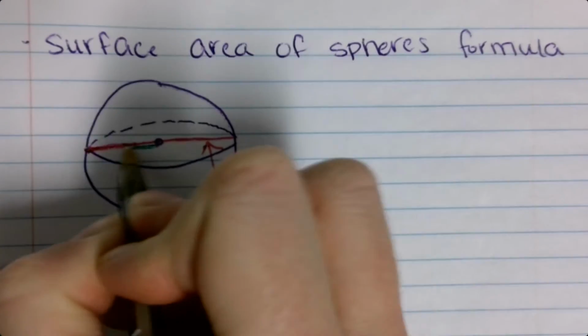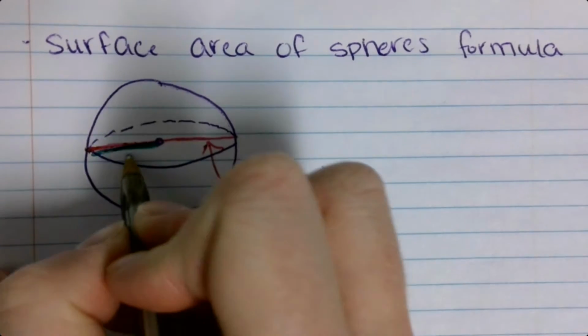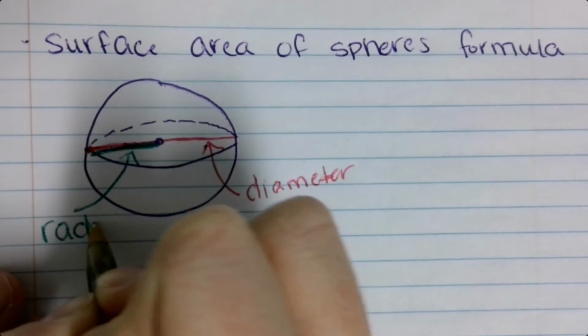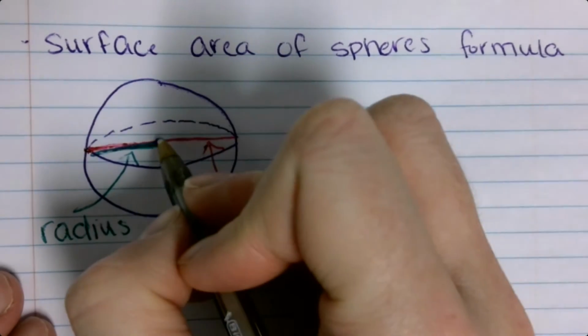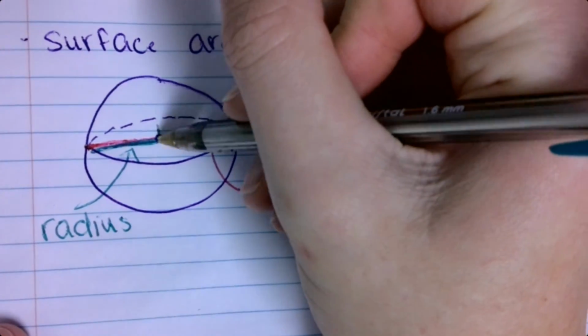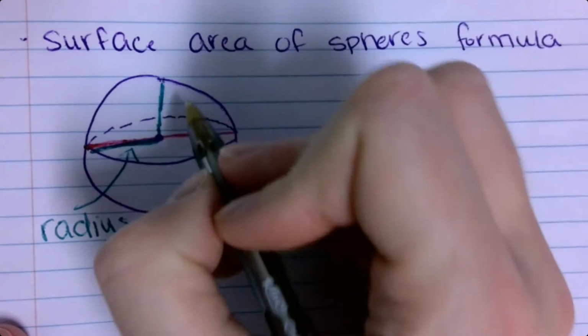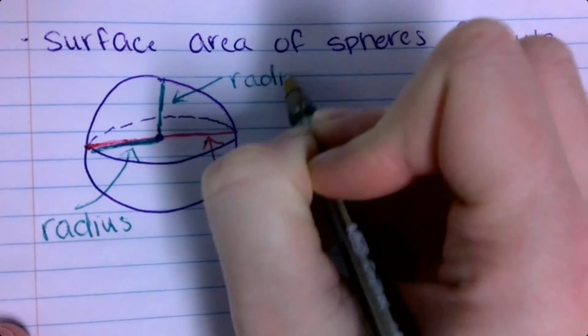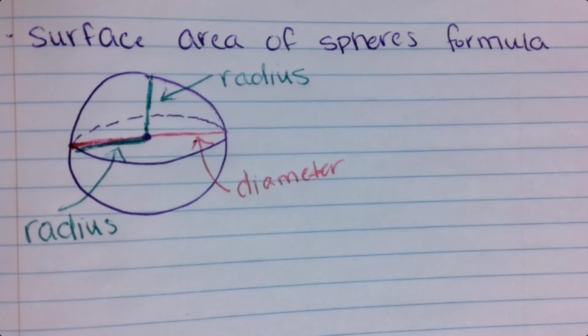Now start at the dot and go to the left, right underneath it, and this is going to be radius. If you don't have two colors, you could also start at the dot and maybe go up, and you could label that one radius. Again, if you do not have two colors, this would be what you could do.